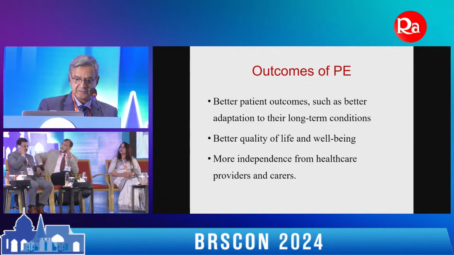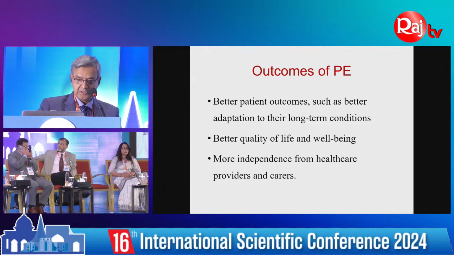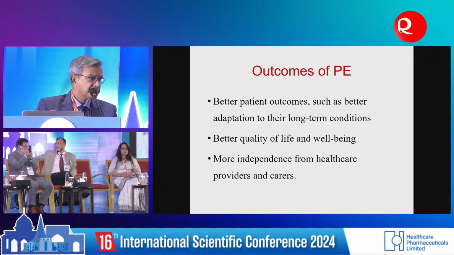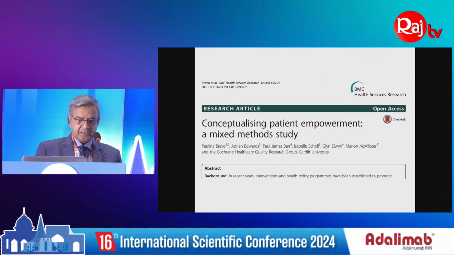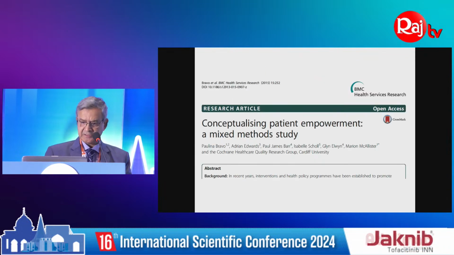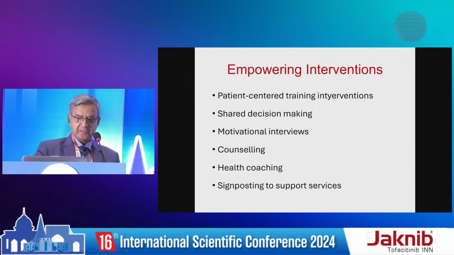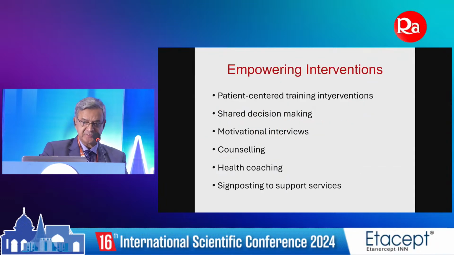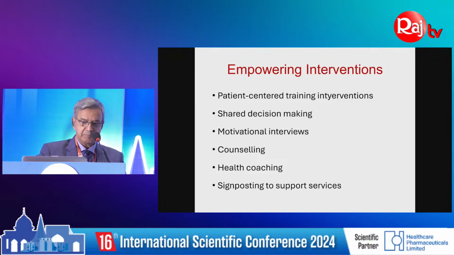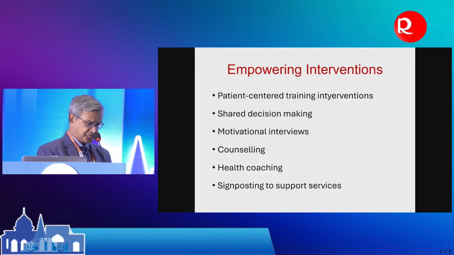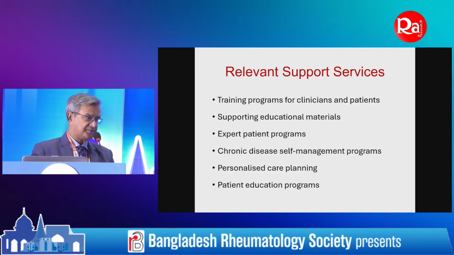Better patient outcomes, such as better adaptation to their long-term conditions, better quality of life and well-being, and more independence from healthcare providers and carers. What are the empowering interventions? Patient-centered training interventions, shared decision-making, motivational interviews, counseling, health coaching, and signposting to support services.